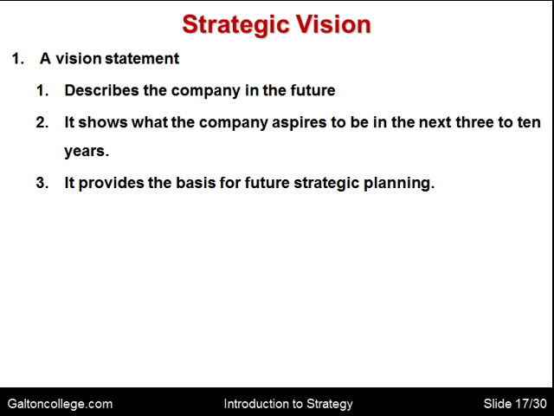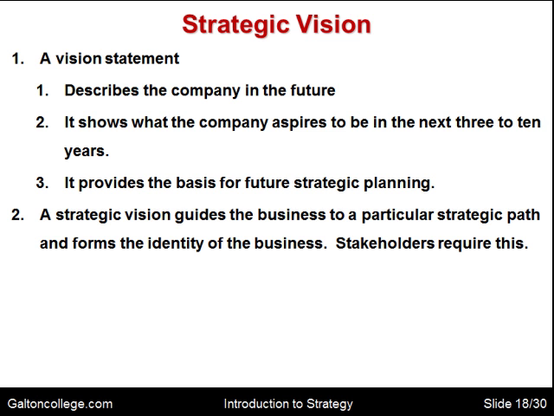The vision comes first, but once the vision is in place, once the management have decided where they want the business to be in, let's say, 10 years' time, then strategic planning can be put into place in order to move the business towards that vision. A strategic vision guides the business to a particular strategic path and forms the identity of the business.